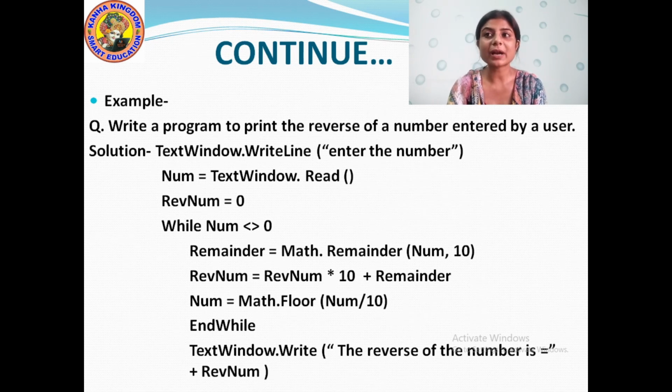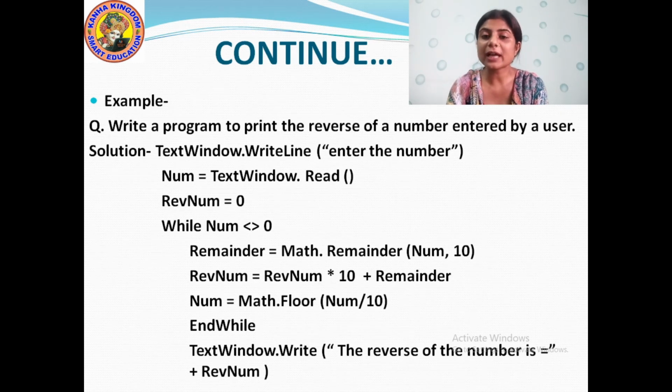Then While number in the bracket is greater than 0. For example, remainder which is equal to Math.Remainder(number, 10). reverseNumber is equal to reverseNumber multiplied by 10 plus remainder. The number is equal to Math.Floor(number divided by 10), and EndWhile.